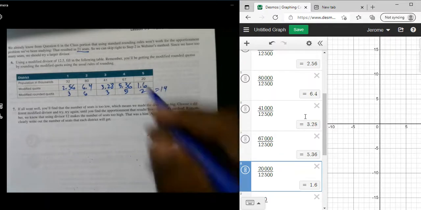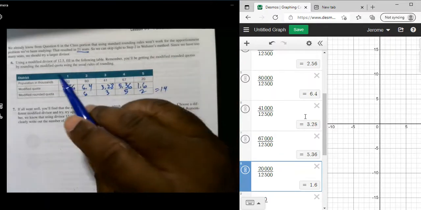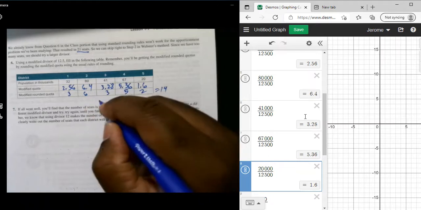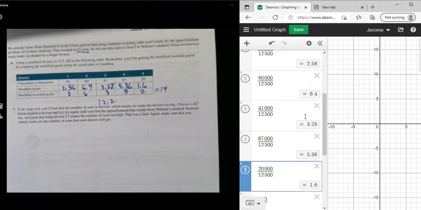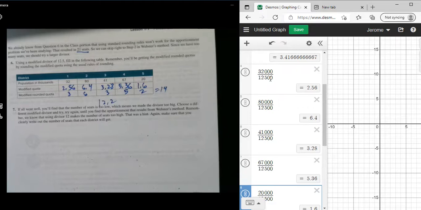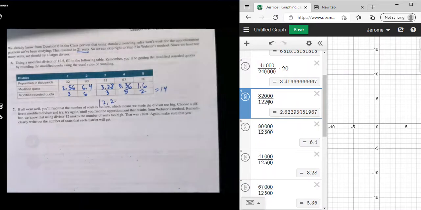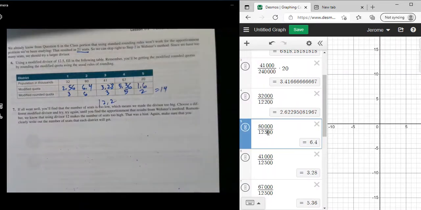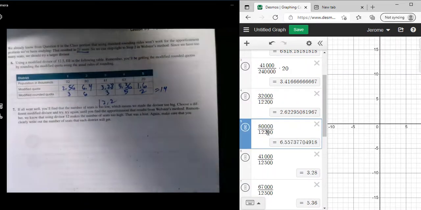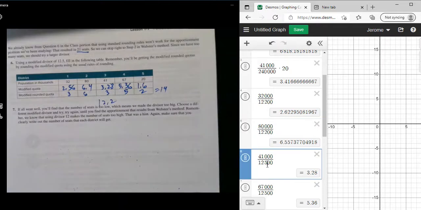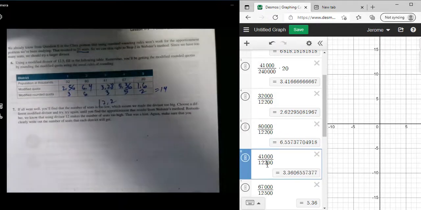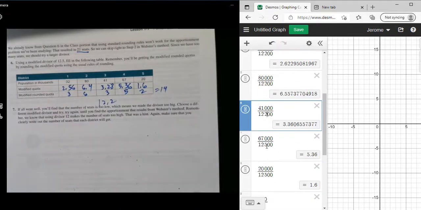Instead of 12.5, let's try 12.2. Since we need to go down one seat, let's go to 12.2. So that'd be 12,200.